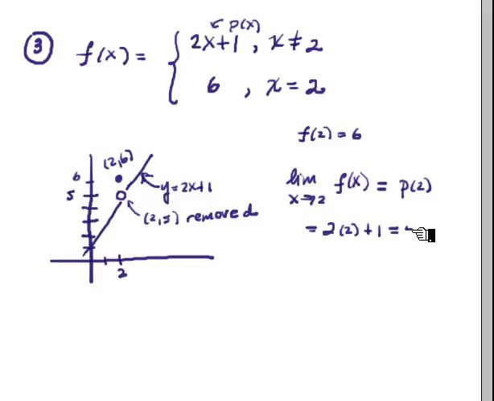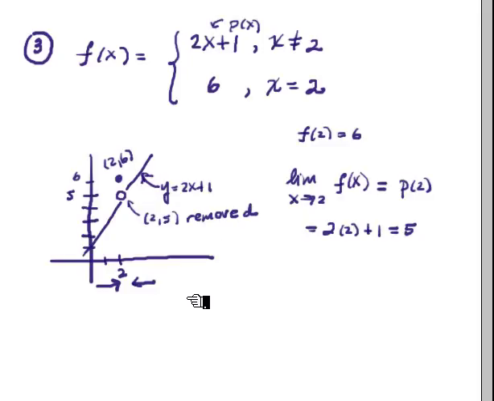The limit is 5. From the picture we see when x approaches 2 from either side, on the left the function is going up towards height 5, and on the right it's coming down towards height 5.